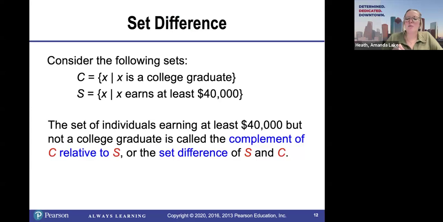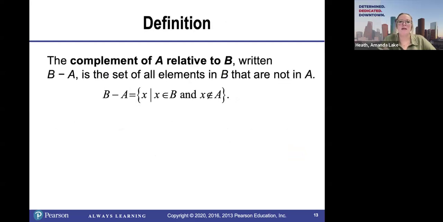Okay, so we've talked about set intersection, we've talked about set union, and now I want to talk about set difference. So again, we have these two sets, college graduates, people who earn at least $40,000 a year. The set of individuals earning at least $40,000 a year, but not a college graduate, is the complement of C relative to S, or the set difference of S and C. We write this out by saying B minus A, and that's not usually how we say it because minus is supposed to be relating to numbers and values, not sets.